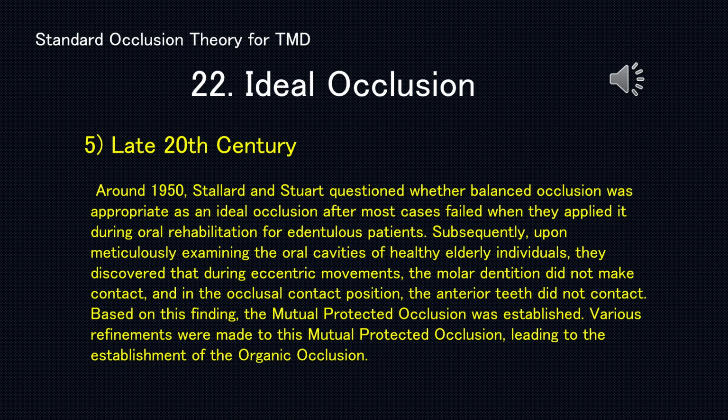Subsequently, upon meticulously examining the oral cavities of healthy elderly individuals, they discovered that during eccentric movements, the molar dentition did not make contact, and in the occlusal contact position, the anterior teeth did not contact. Based on this finding, the mutually protected occlusion was established. Various refinements were made to this, leading to the establishment of organic occlusion.